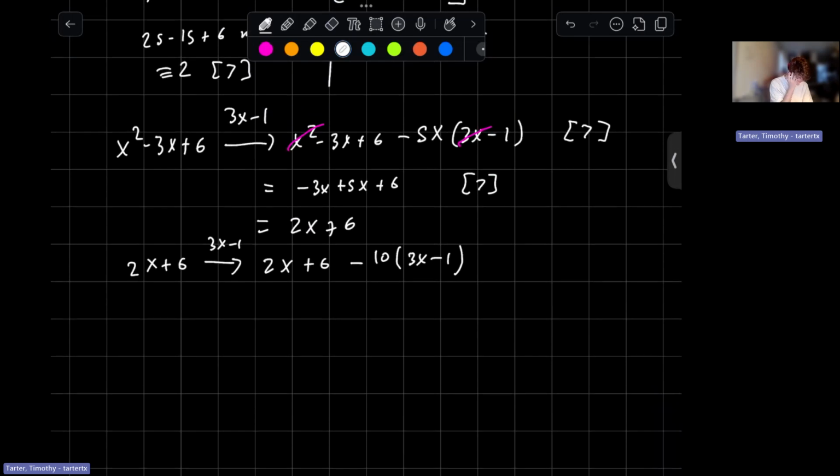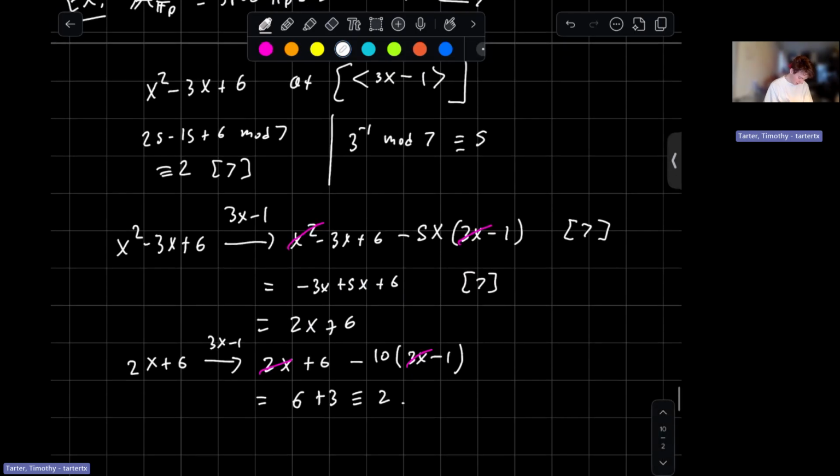Because 30x mod 7 is negative 2, which is 5. Yeah, that makes sense. This is equal to 6 plus 10 mod 7, which is 3 plus 3, congruent to 2 mod 7. So yes, we do get the same thing.